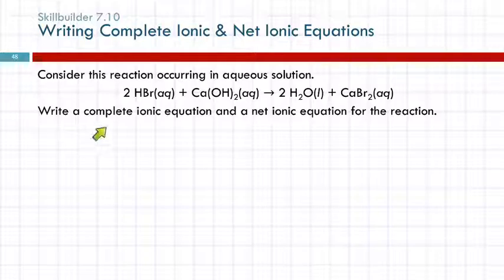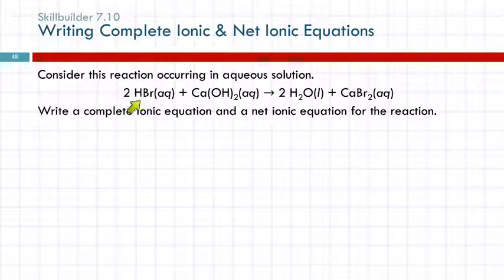So we're asked to write a complete ionic equation and a net ionic equation for this reaction. Until you get very skilled at this, in order to write a net ionic equation, you need to write the complete ionic equation first. So for the complete ionic equation, anything that has aq, we're going to separate into ions.